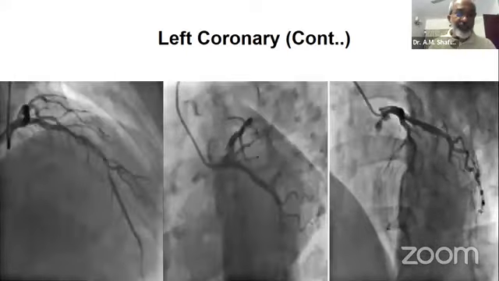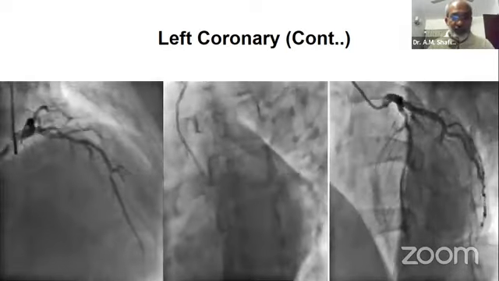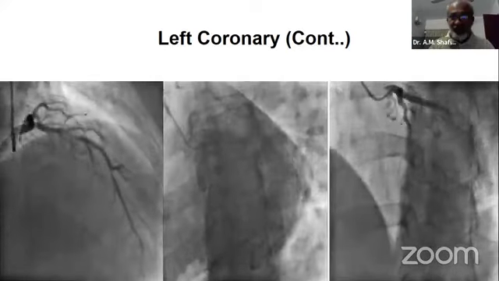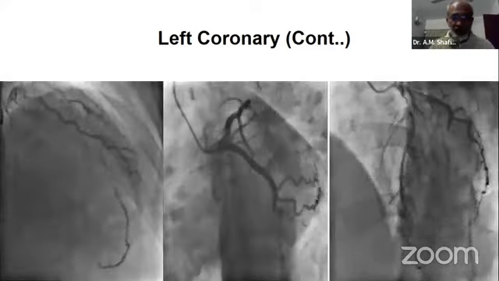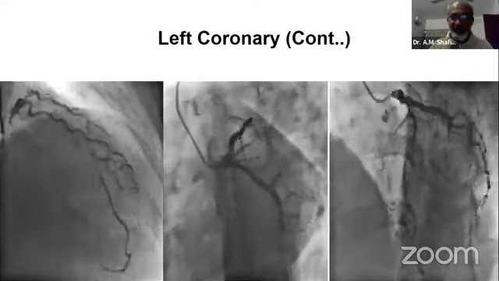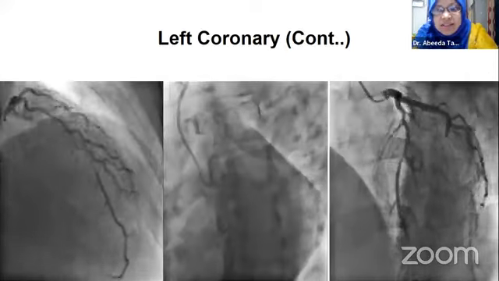Seeing the patient having RV infarction in the right-sided ECG, usually the RV branch arises from the RCA only. So this is in the LCX. How can we explain the ECG? That is also my question.